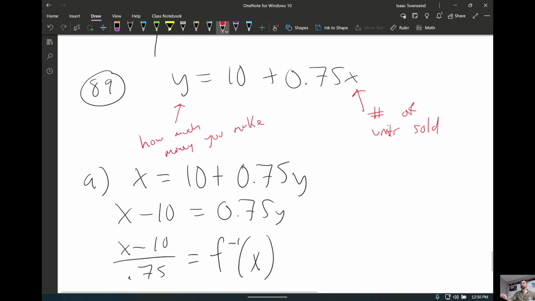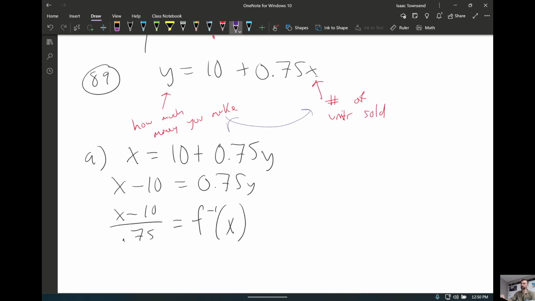In an inverse function, you're just swapping the input with the output. So now Y is going to represent what X used to mean, the number of units sold, and X is going to represent how much money you have.